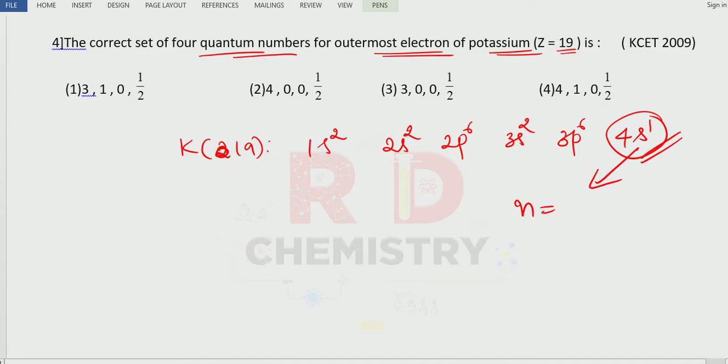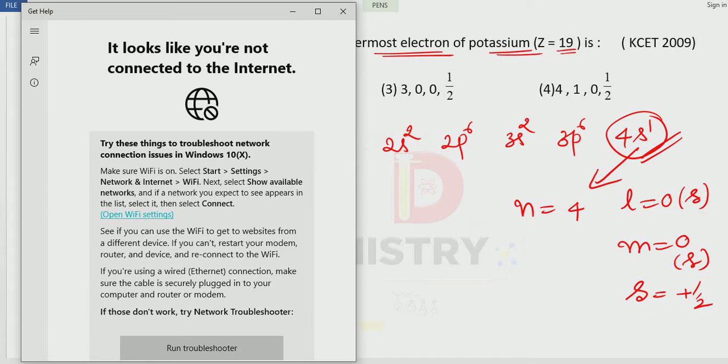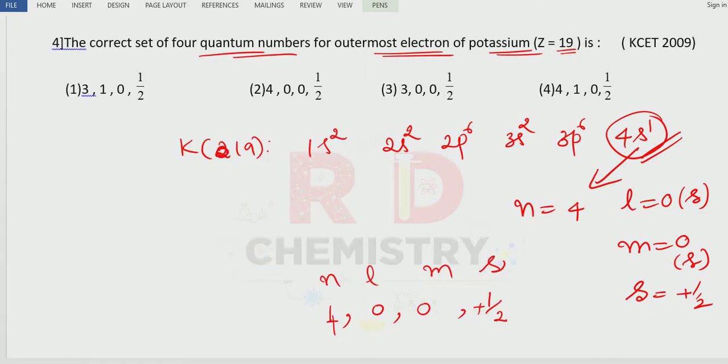N is equal to 4. L is equal to 0 stands for s subshell, right? When L is equal to 0, m is always 0, because there is only one type of s orbital, only one orbital. There is only one electron. The first electron is always plus half. So what is the option number? Option number 2 here, right? Second one is the answer, correct?